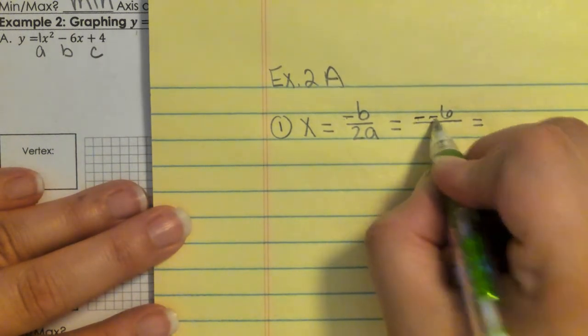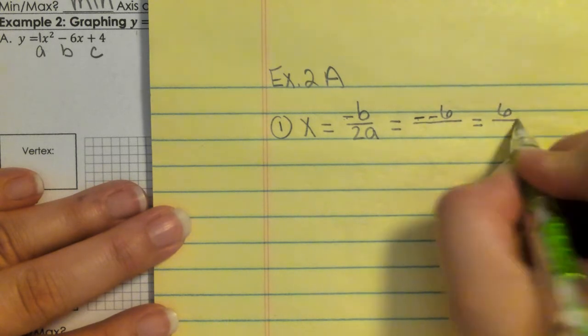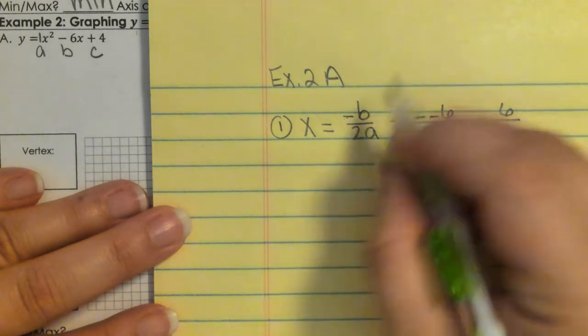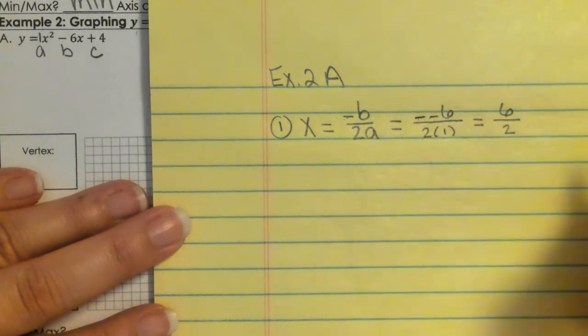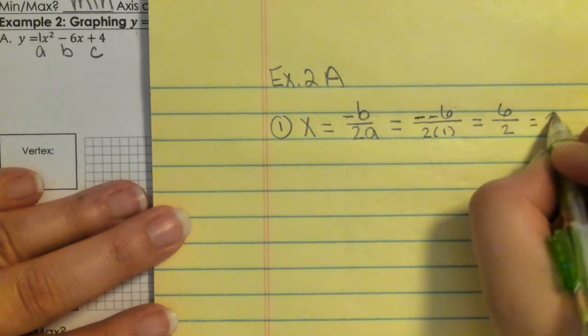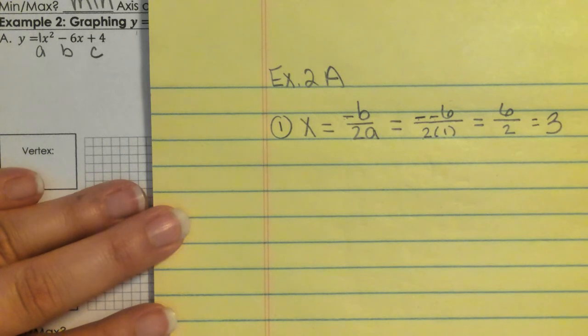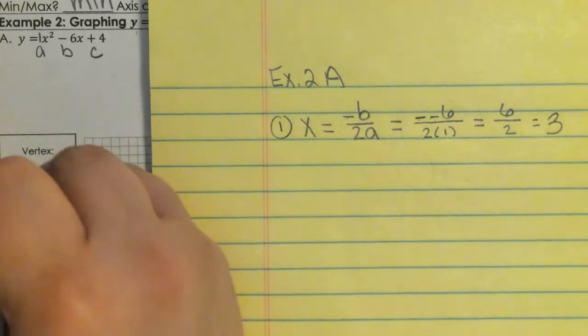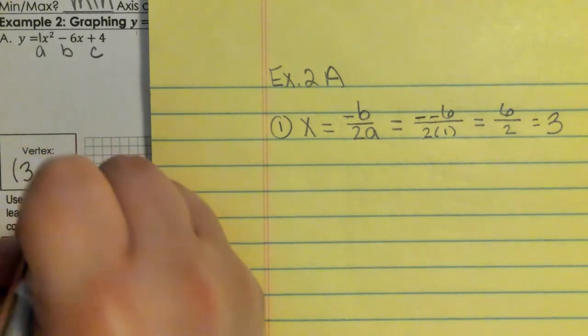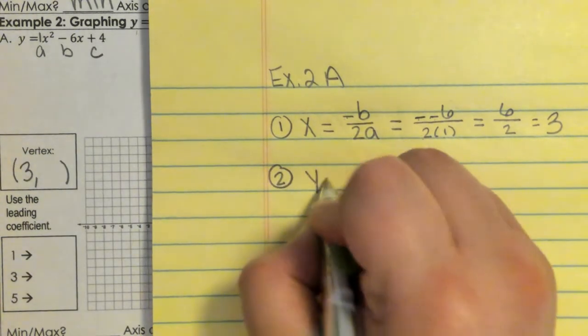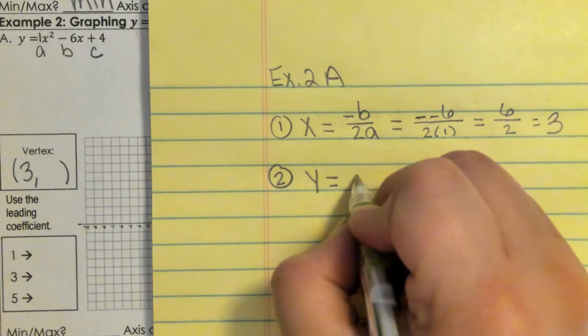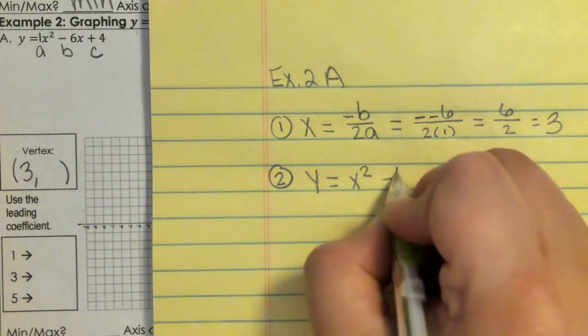And then those two negatives become positive to make a positive 6. Then we have 2 times a is 1, and so 2 times 1 is 2. We divide this to get 3. So currently I know that my vertex is 3 something. Then I take that 3 and I need to plug it back into the original equation.